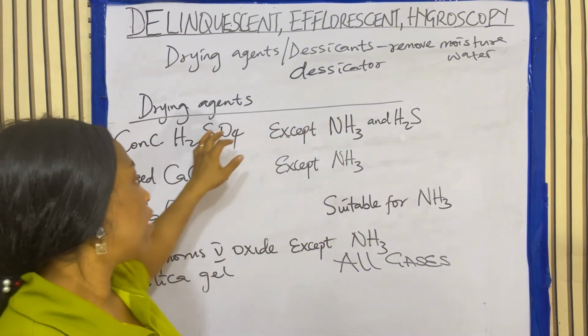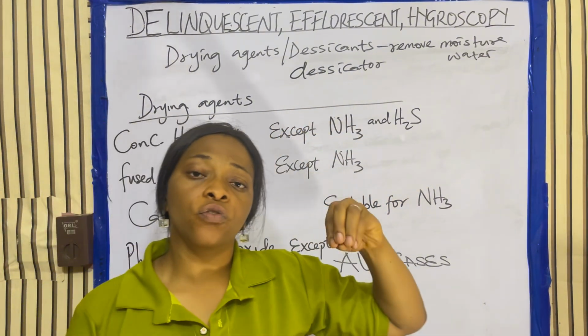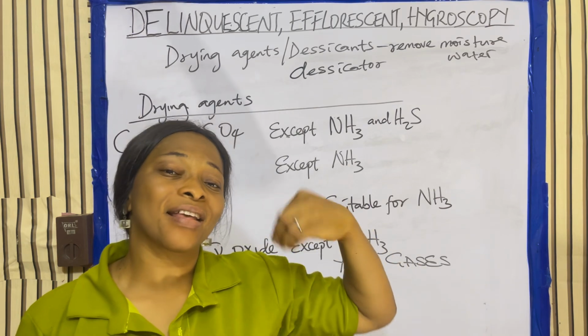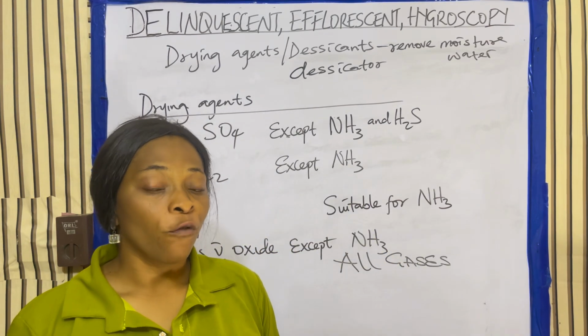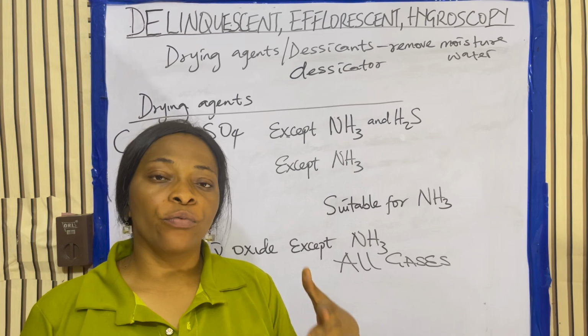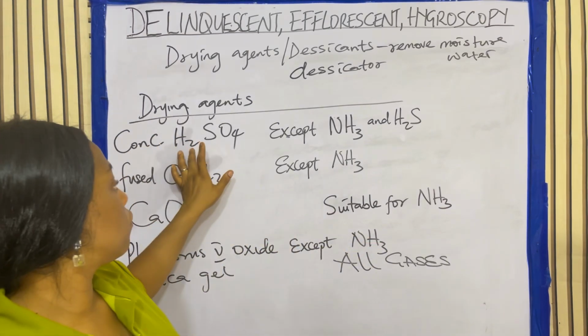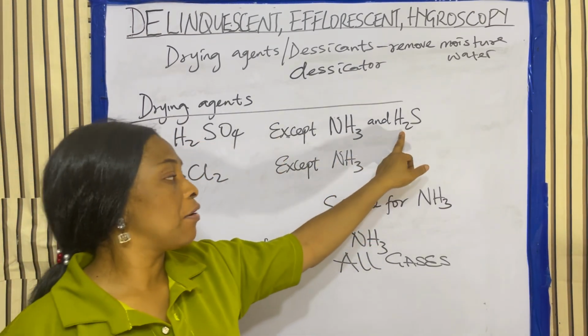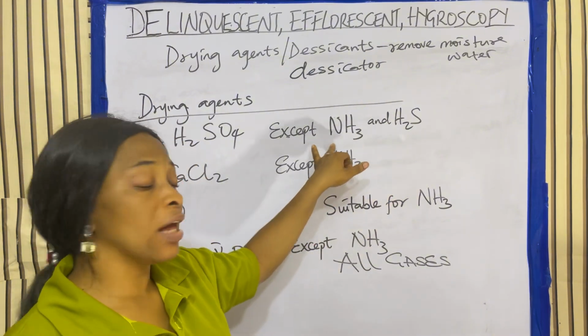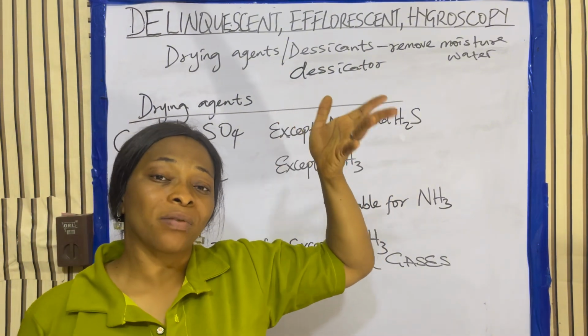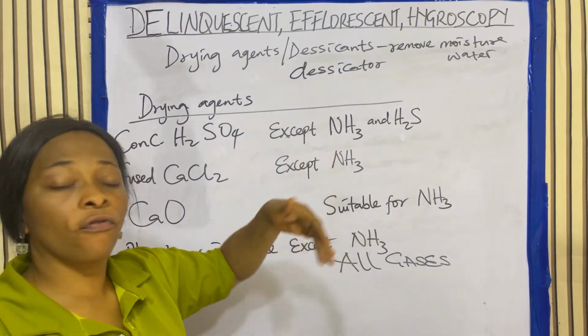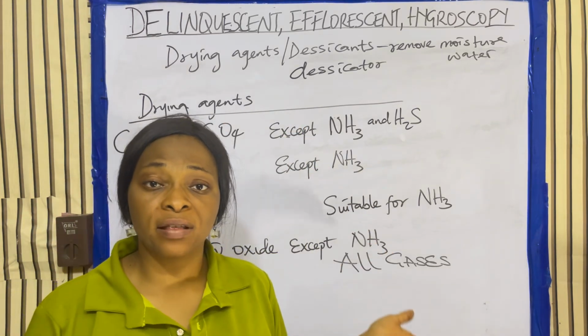Now, when using drying agents, you have to be careful not to use one with a substance that it can react with. For example, if you use concentrated tetraoxosulphate(VI) acid to dry hydrogen sulphide or ammonia, it is going to form another substance. With ammonia, it is going to form ammonium tetraoxosulphate(VI).